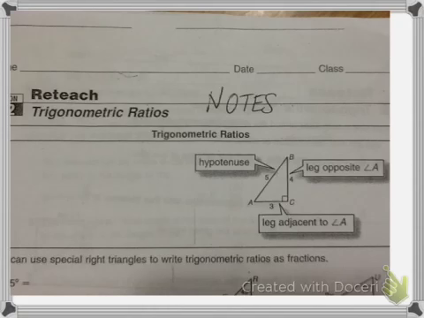The trig ratios for a right triangle involve the pieces of the right triangle that we already know. So on your handout you'll notice that the hypotenuse is labeled, and that both legs are labeled.